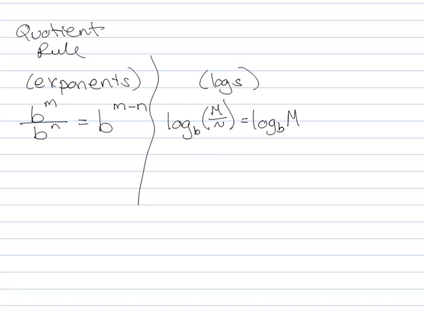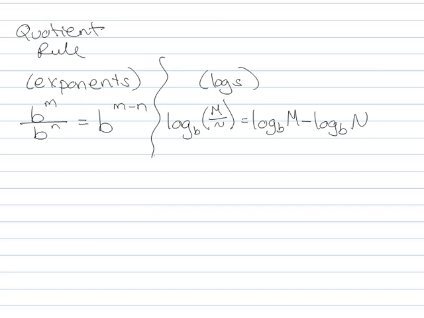Over here, when we had something divided by something, we subtract the exponents. So here, when we have two things divided by each other, what do you think we're going to do to these? We're going to subtract them, like that. So again, we're able to draw a pretty similar comparison between what we did with the exponents and what we're doing with the logs.